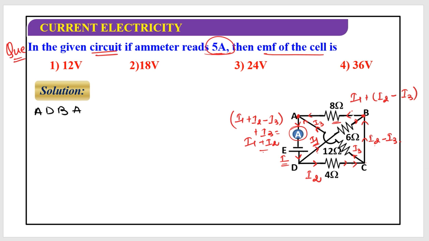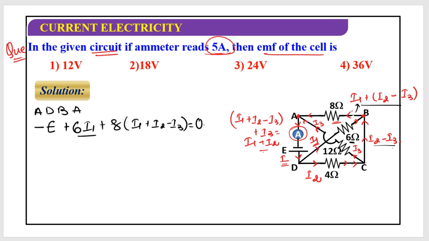So from A to D it's a minus of E. Then from D to B it is the 6 ohm resistance and current is I1, so this is plus 6 I1. Then from B to A again, this is plus 8 into bracket I2 minus I3 is coming from here, I1 is coming from here, plus 8 into bracket I1 plus I2 minus I3, that should be equal to 0.